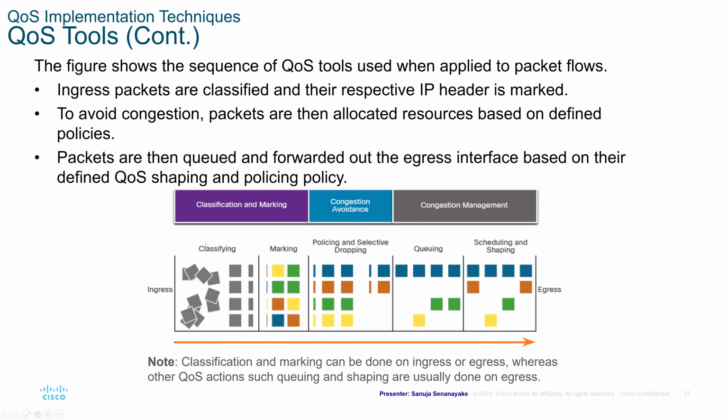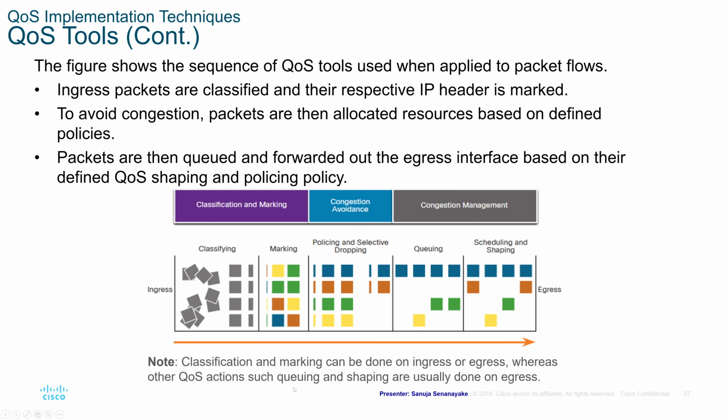The first thing that happens is classification, and once the classification is done, it gets marked based on that classification. So that's where classification and marking happen. In the congestion avoidance category, policing and selective dropping start to happen right here. Then congestion management does the queuing, scheduling and shaping.